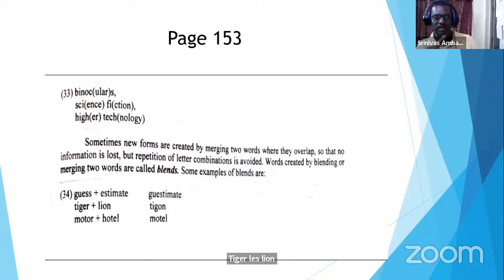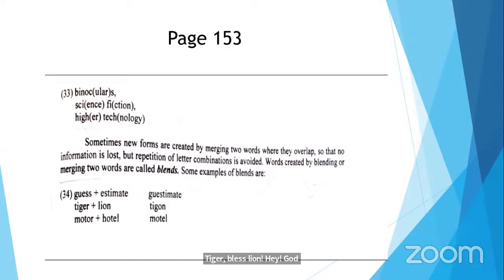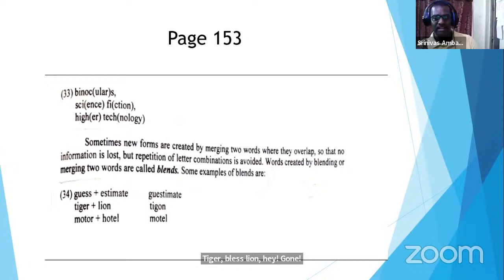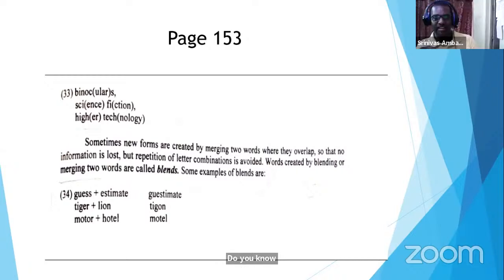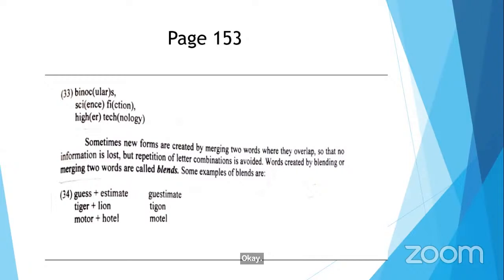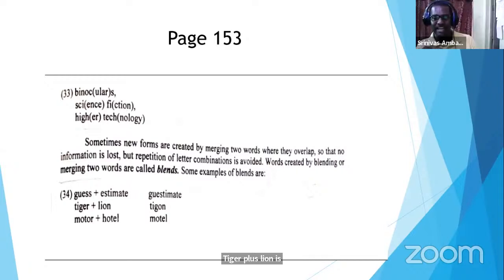One more example. There is a movie, no? Liger. Telugu movie Liger. Do you know? Yes, sir. Liger is a blend. Lion plus tiger is liger. Tiger plus lion is tigon. So what do you call this? Blend.